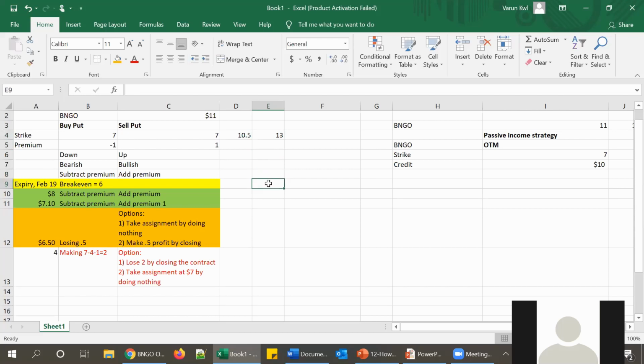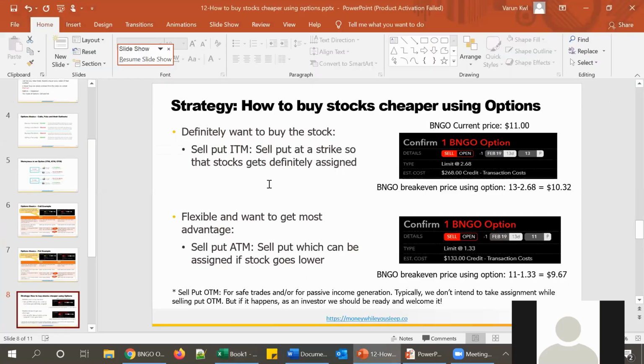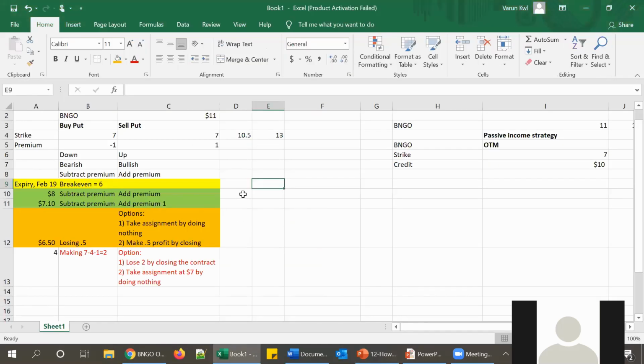So what is going to happen if you are trying to sell bingo and you put a strike of 13, when the price is around 11 right now, and you sell it at 13? Because bingo is already at $11, and let's say bingo does not move and we keep it at $11 here.